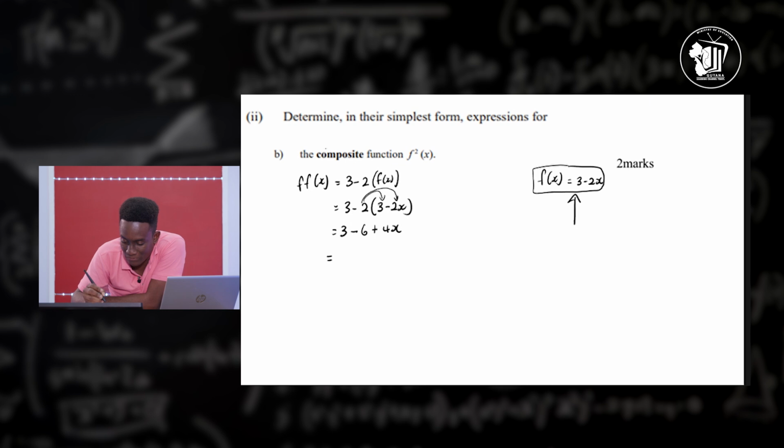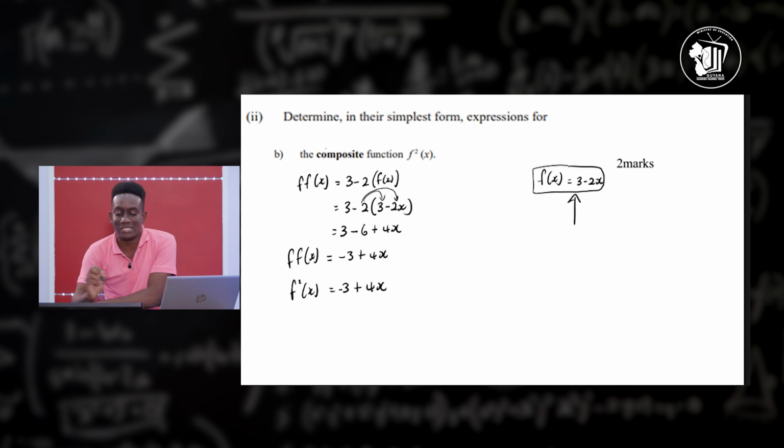And this is to be simplified to 3 minus 6. That would give us a negative 3 plus 4x. So we can say f squared of x is equal to negative 3 plus 4x. And that is the answer there.